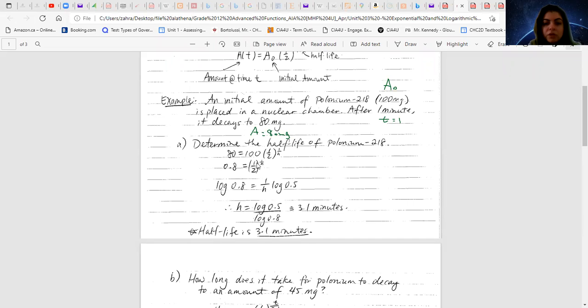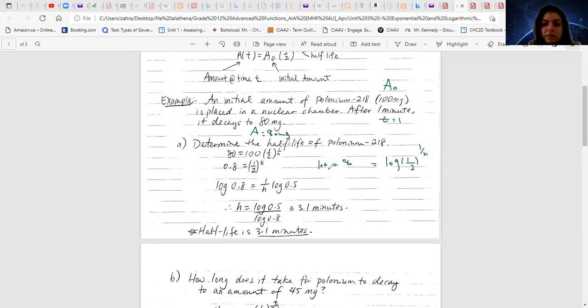Now, you want to rearrange for this power, right? I showed you last time, you have, let's say, 0.8 equal to 1 over 2 to the power of 1 over h. So you want to find out the power, you have to put the log in front of both sides.